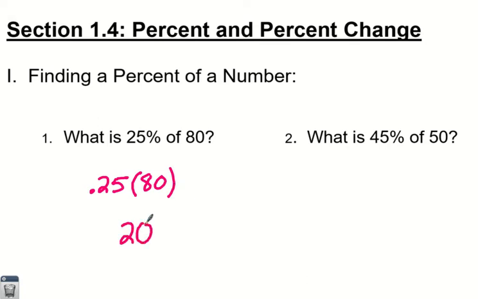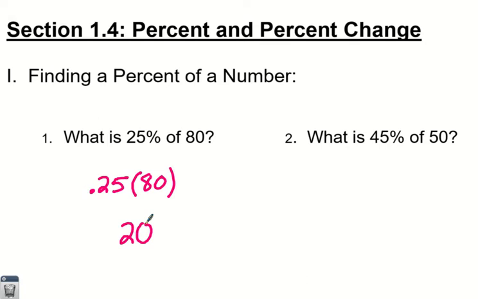So it turns out that 25% of 80 would be 20. All right? So in other words, 20 out of 80 is a 25% portion or score or whatever the case might be.